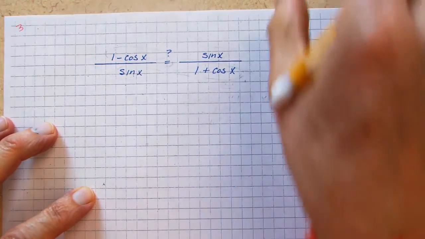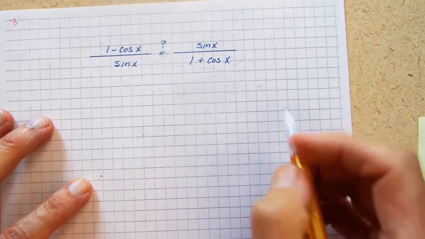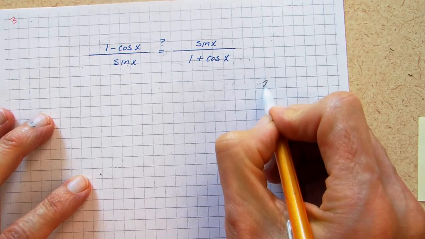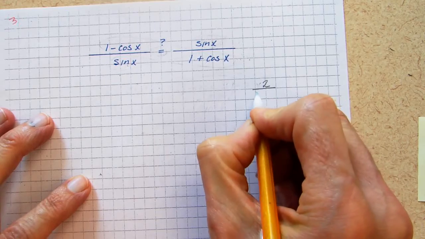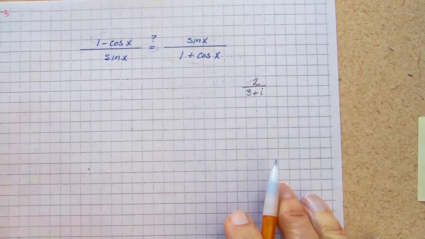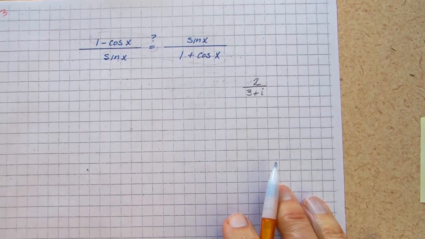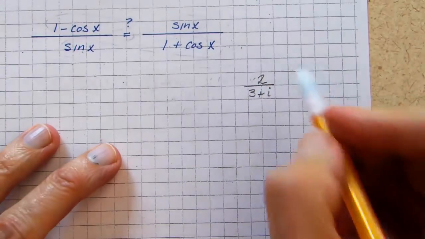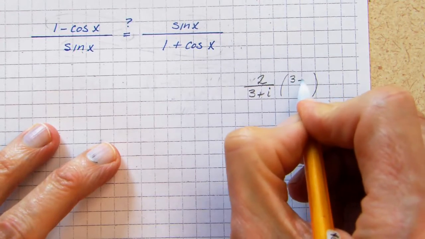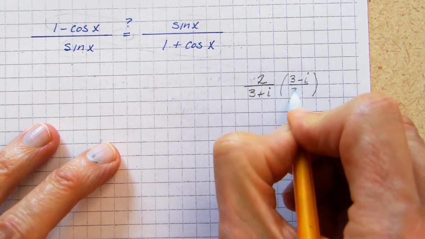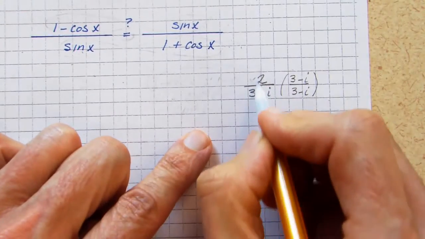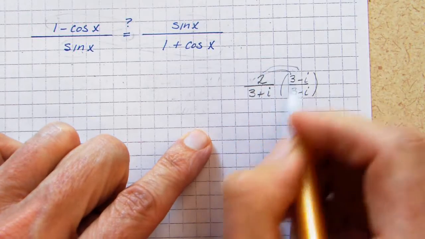If you think back to some stuff you may have done with complex numbers, imaginary numbers, you had something like 2 over 3 plus i. And you probably learned that you're not allowed to leave imaginaries on the bottom of a fraction. So one of the tricks was to multiply the top and the bottom by the conjugate. And when you do that, on the top it's pretty easy. It's just 6 minus 2i.